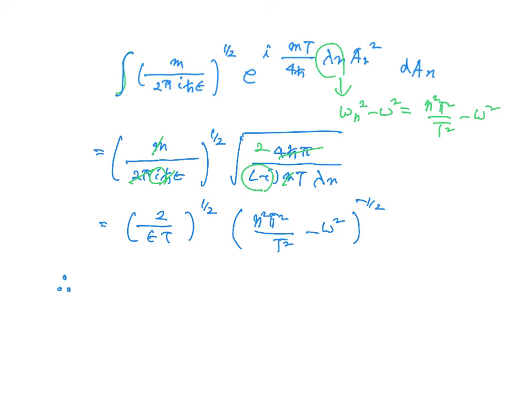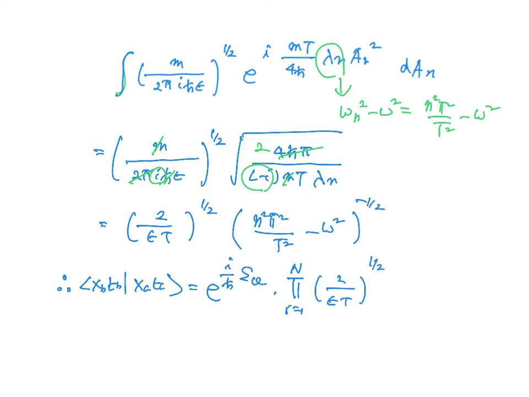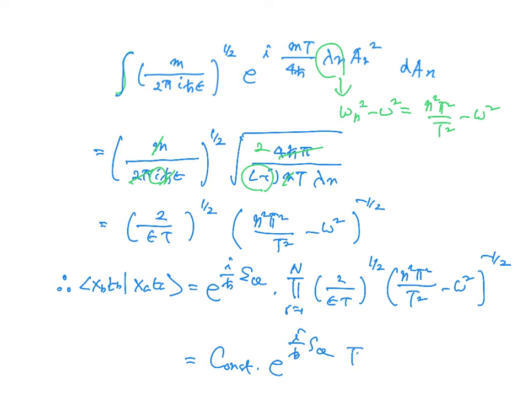So xb tb, xa ta is exponential i over h bar semi-classical correction times the product over n of (2 over epsilon T) to the 1/2 and (n square pi square over T square minus omega square) to the minus 1/2, and we can put some constant times exponential i over h bar semi-classical times product of (1 minus omega square T square over n square pi square) to the minus 1/2.